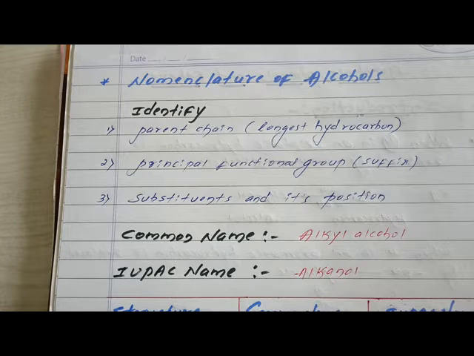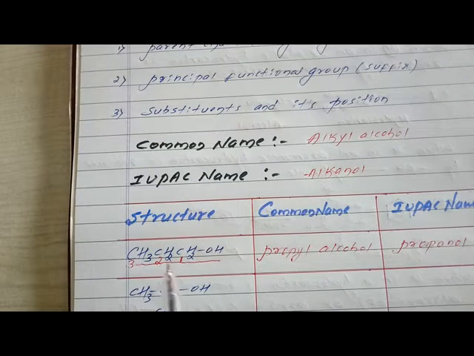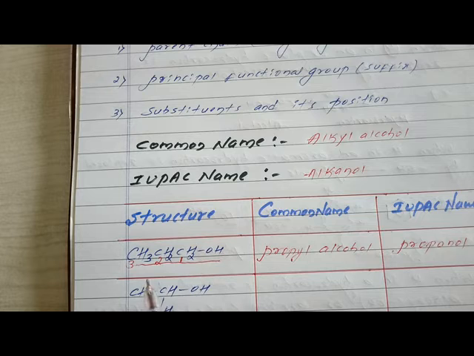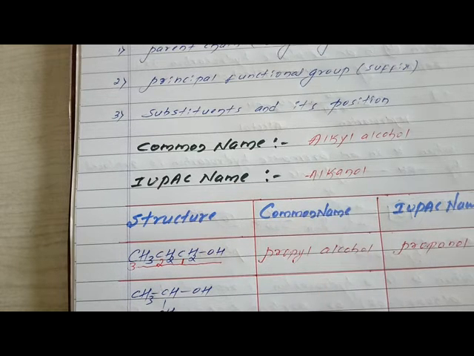Now let us explain with some examples. The first one is CH3, CH2, CH2, OH. Here I selected this as the longest continuous chain. Second, I need to identify the alkyl group present in the compound, because while writing the common name I should write it as an alkyl alcohol.